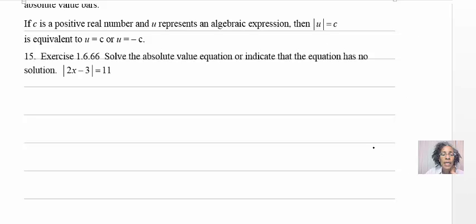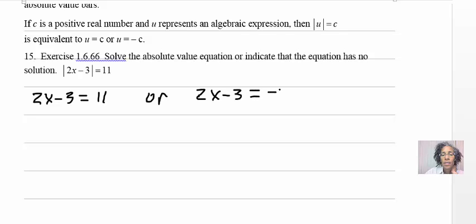The absolute value of 2x minus 3 equals 11 means that 2x minus 3 equals 11 or 2x minus 3 equals negative 11.